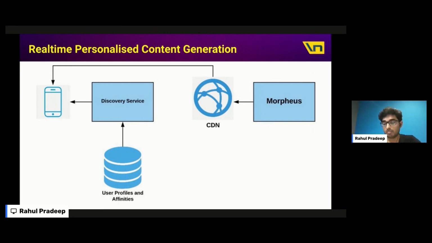If we figure out that the user is usually attracted to very bright colors, we encode that information in the URL. Once the image starts rendering on your app, the call goes to the CDN, and then it talks to Morpheus, and Morpheus decodes this rule and creates a creative.